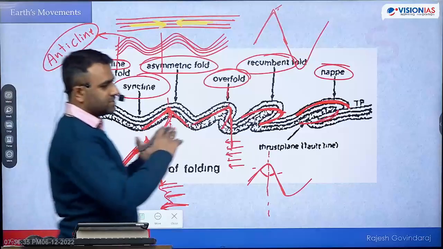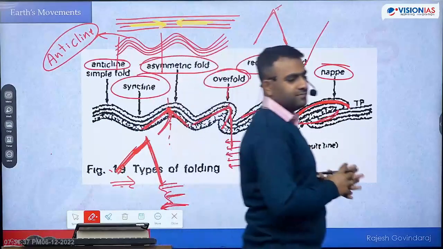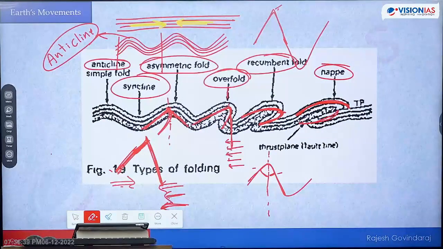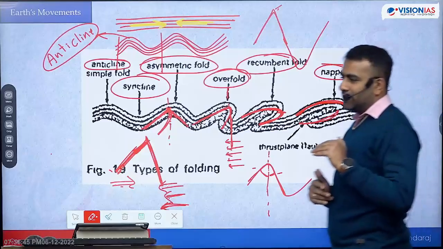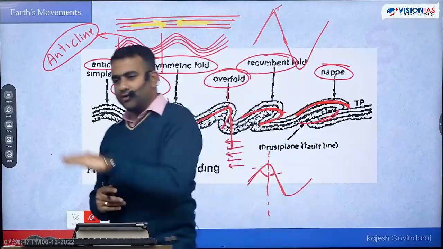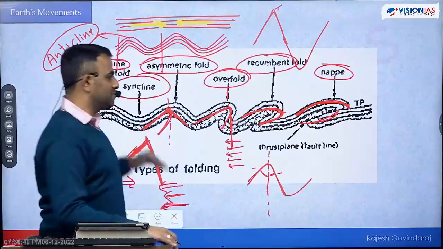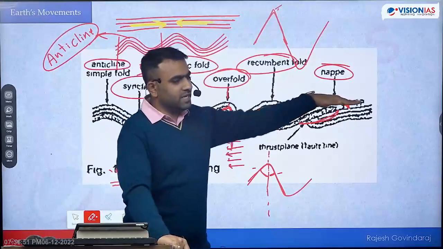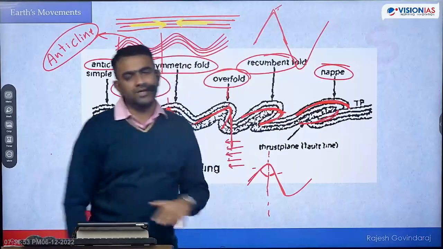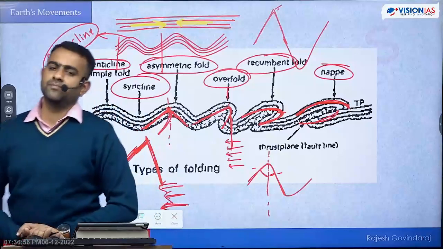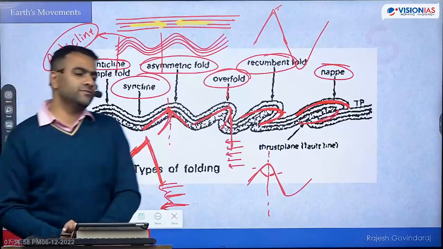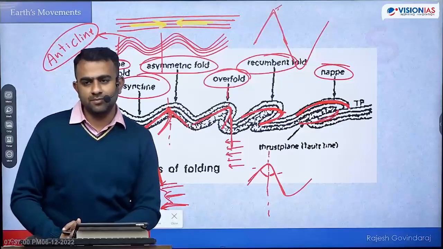If both the limbs are tilted in the same direction, overfold. Much more folded, literally lying down, recumbent. And when one of the limbs is broken and thrust forward in the plane, it is called a nappe. These are different types of folds. Any doubts here?